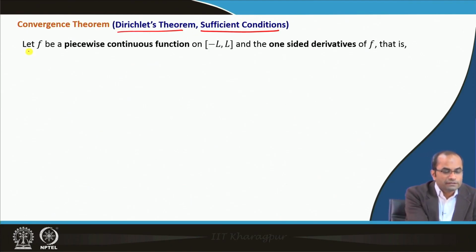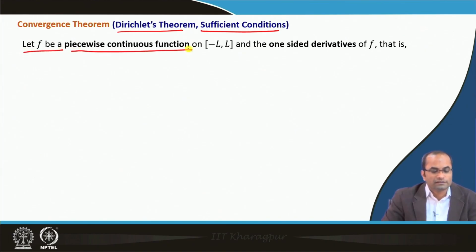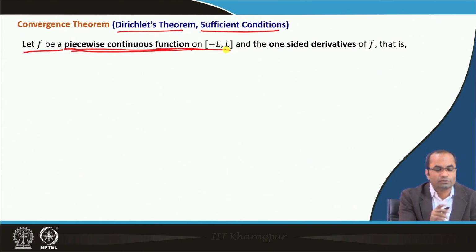Let f be a piecewise continuous function, which is obviously important to write down the Fourier series itself. We have already seen that this is sufficient to write the Fourier series. So, the function must be piecewise continuous in the interval minus L to L, for instance.